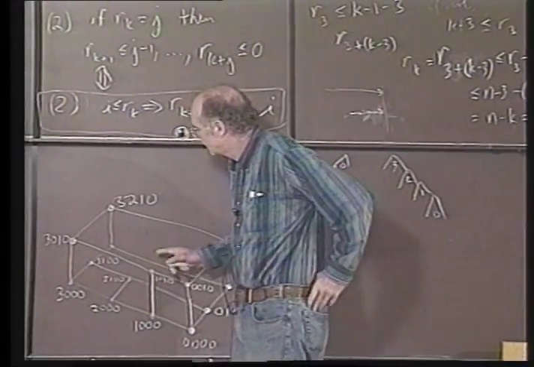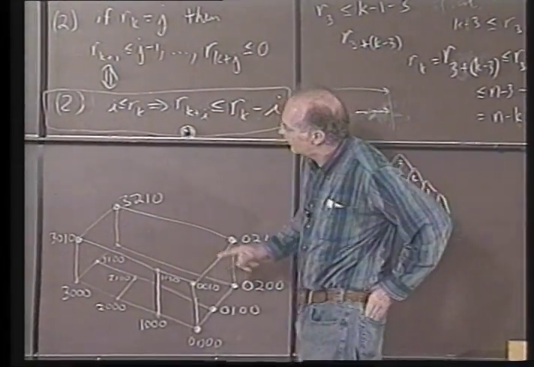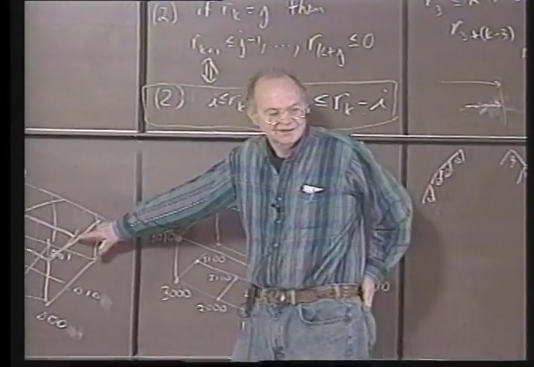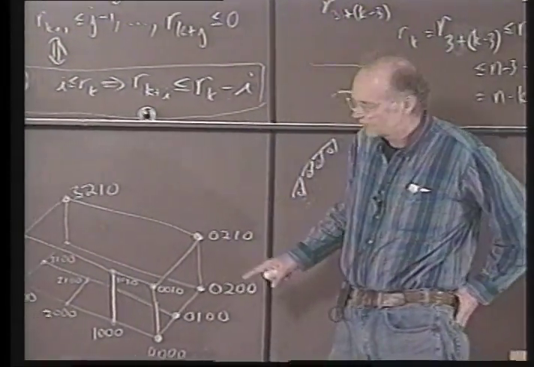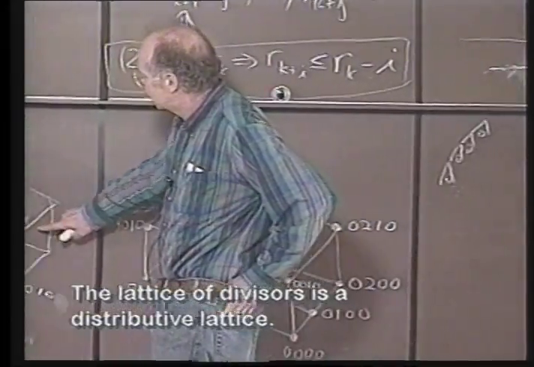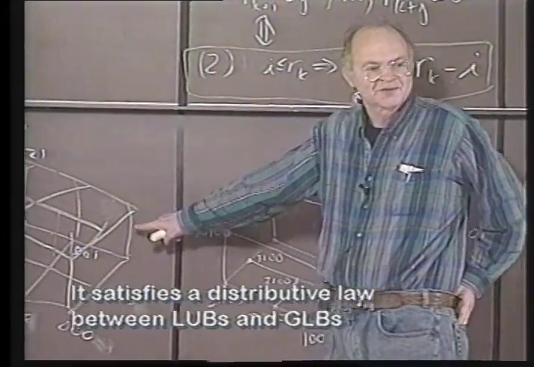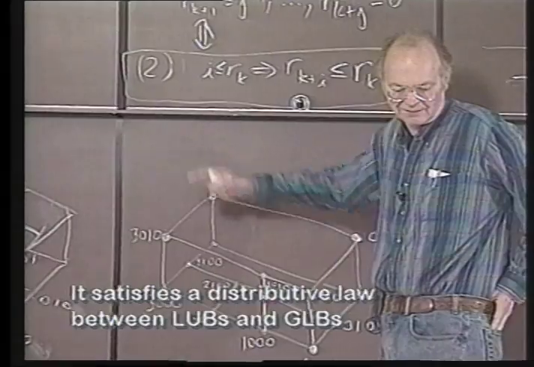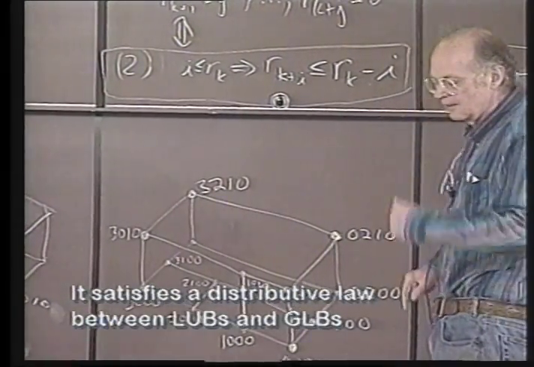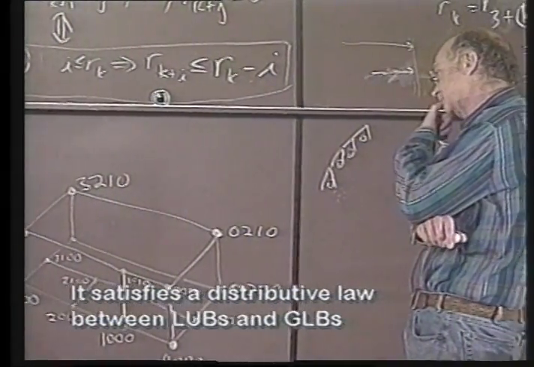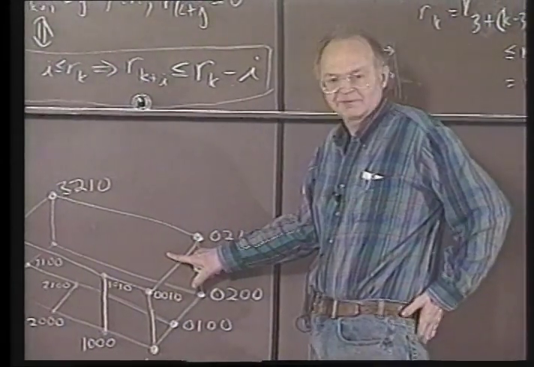Now, this analogy might give you the wrong idea about trees, because the lattice of divisors is a distributive lattice. It satisfies the distributive law between least upper bound and greatest lower bound. But this is not a distributive lattice.